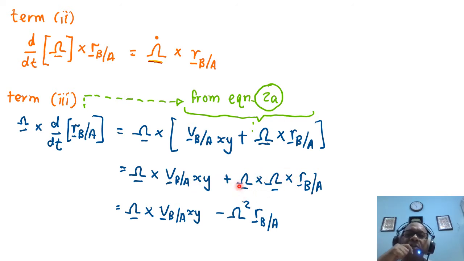This is similar to our normal assertion, and we can simplify that to minus omega square position vector B relative to A, and then we have this omega cross the relative velocity.